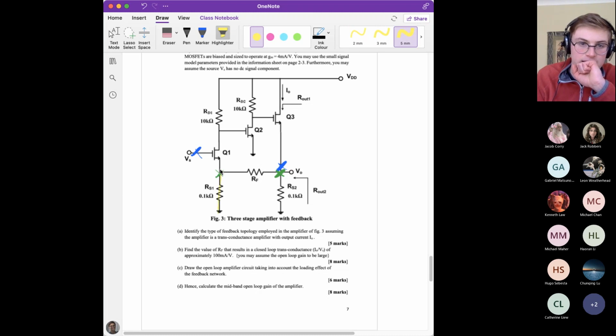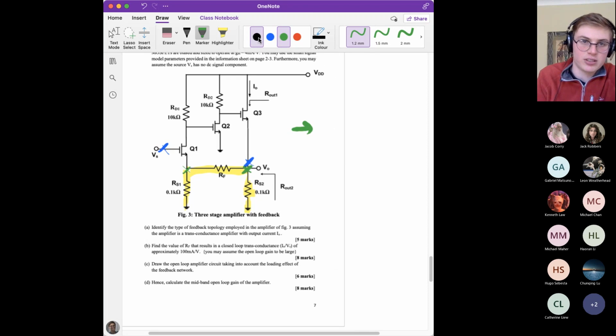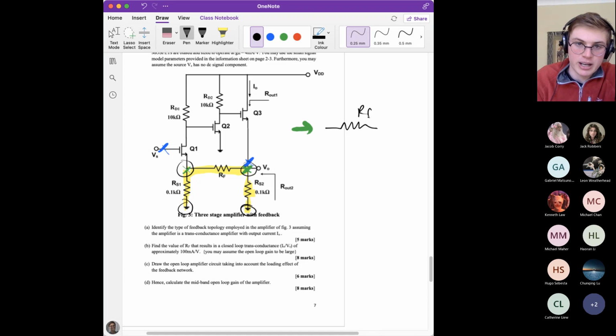So this here is our feedback network. The network we're going to draw for this is from the green X's, and then ground. So it's going to be RF and then down to ground is RS1 and this is RS2 and then ground.